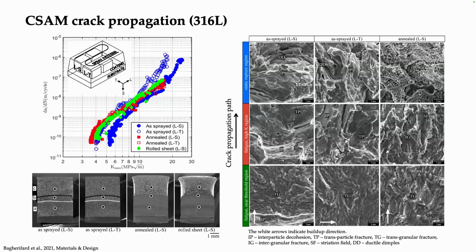But after annealing, interestingly, the results were very similar to the rolled sheet. So after annealing, we were able to totally eliminate the anisotropy that we had in the as-sprayed sample and get results very similar to standard manufacturing techniques.